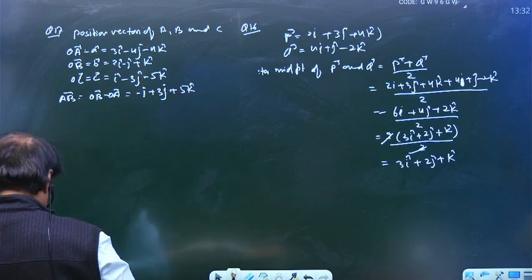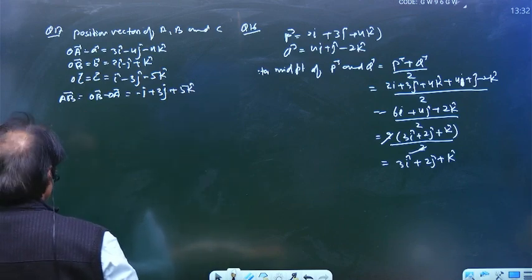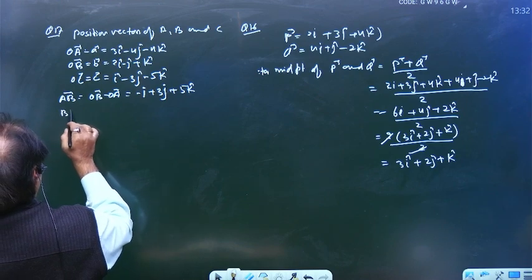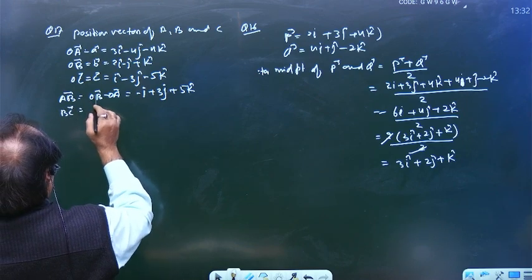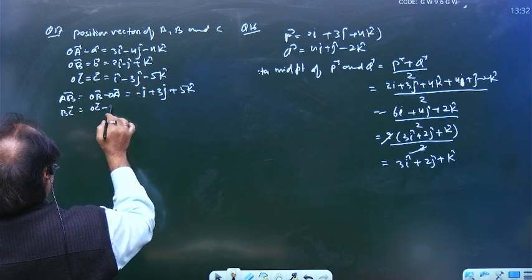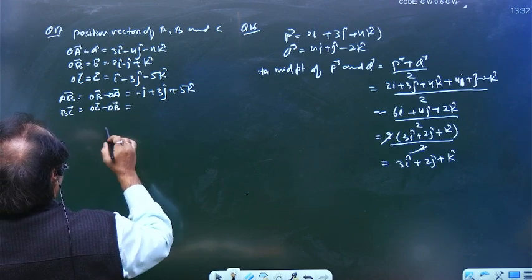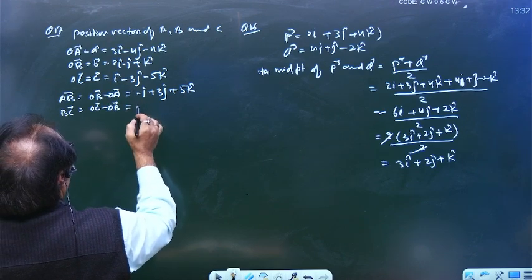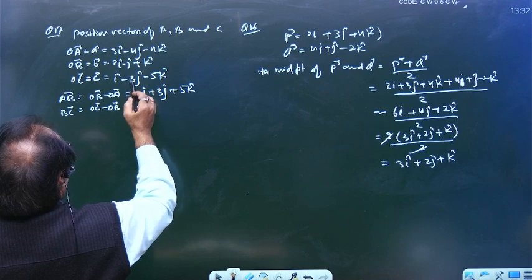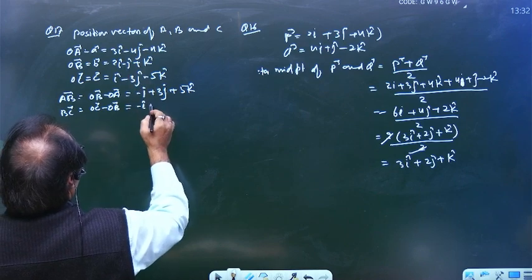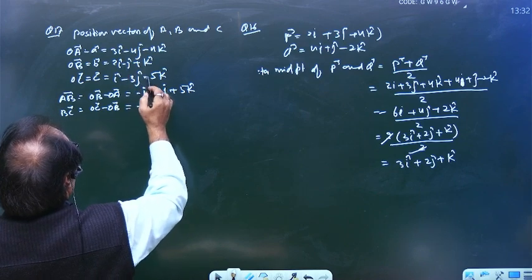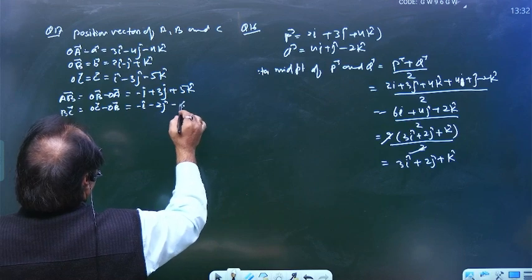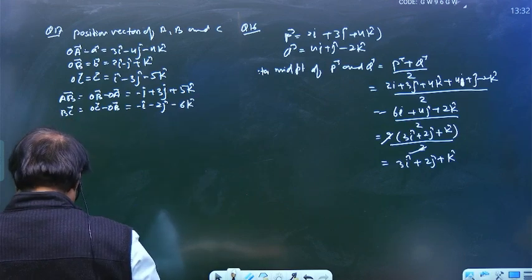Then BC means C minus B, OC minus OB. So 1 minus 2 is minus i cap, minus 3 plus 1 is minus 2j cap, and minus 5 minus 1 is minus 6k cap.